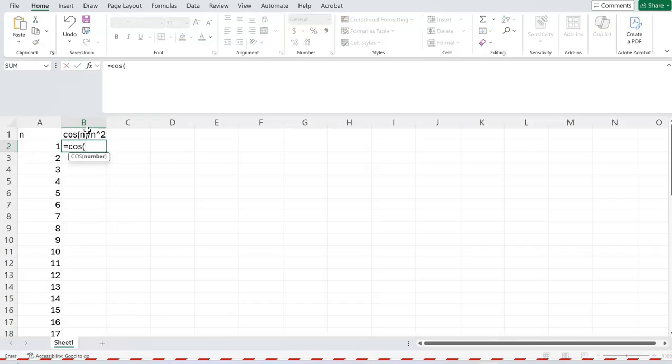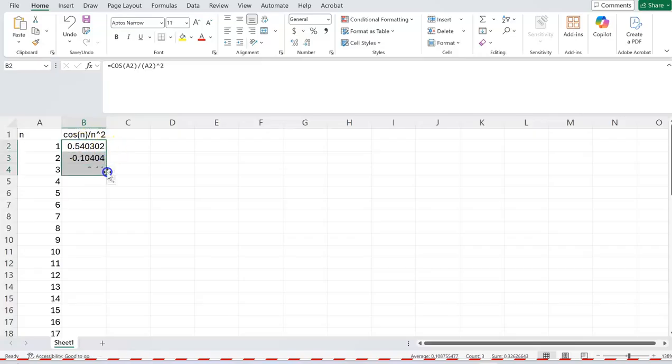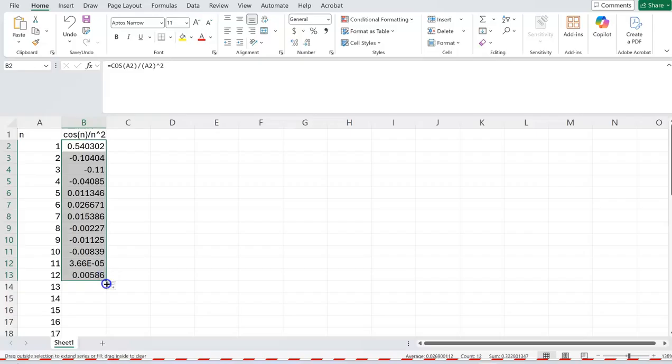So cosine of 1 is going to be a positive number. And then we have a few negative numbers. And then we're back to positive. So you see it's bouncing, but it's not every other term. And that's the definition of an alternating series, is every other term. So the every other term thing is not happening.